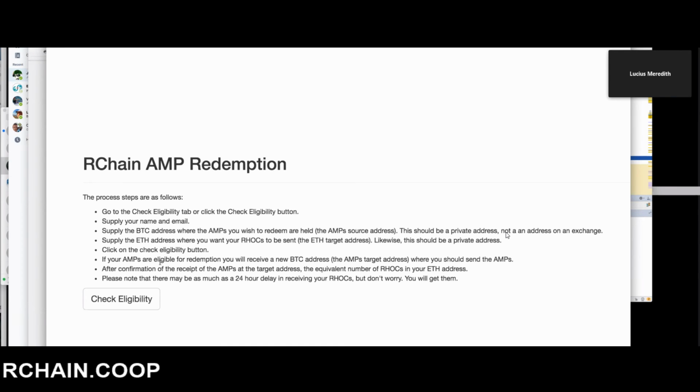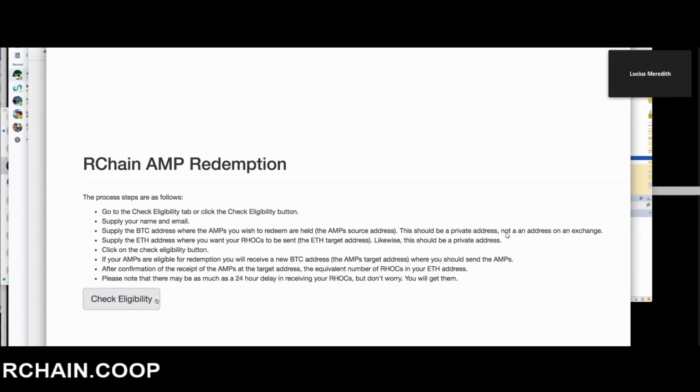So click the check eligibility button, and if your AMPs are eligible for redemption, then you'll receive a new BTC target address.